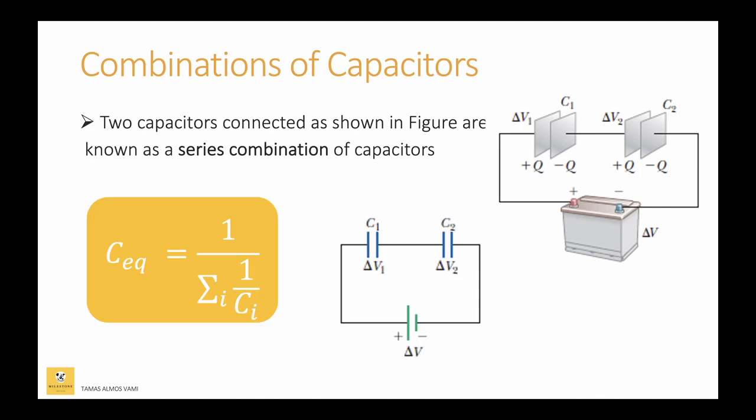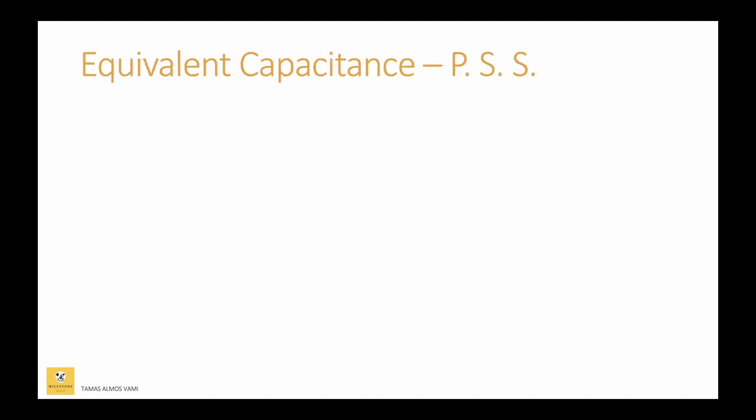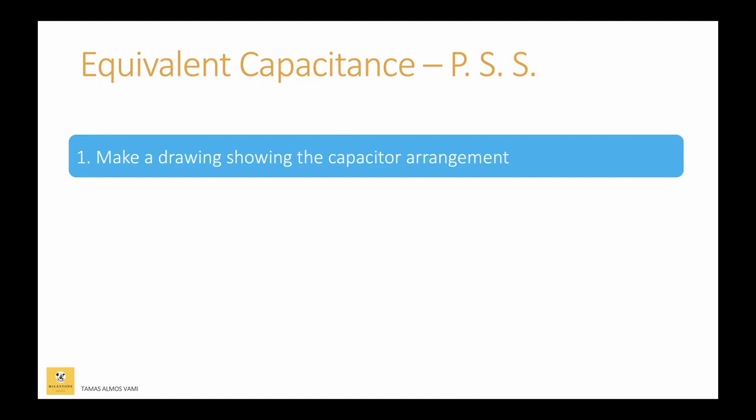And then if you want to have a number for the equivalent capacitance, then we can just take one more inverse. So that's going to be 1 over the sum of the 1 over C i's. And that's the equivalent capacitance for the serial case.